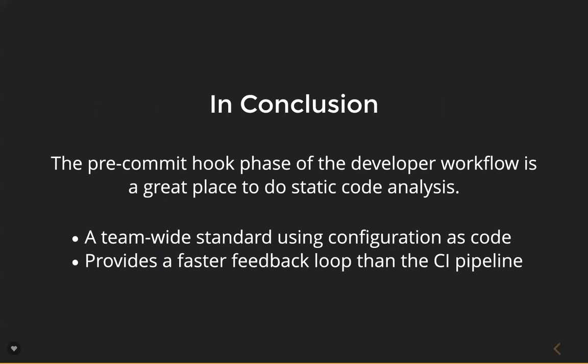So that was a lot, and I appreciate you hanging along for all that. But the biggest point I want to get across, in conclusion, is that I believe the pre-commit hook phase is a valuable place for all of us to be doing some testing and auto-fixing of our code. It creates a team-wide standard, and it's a fast feedback loop.